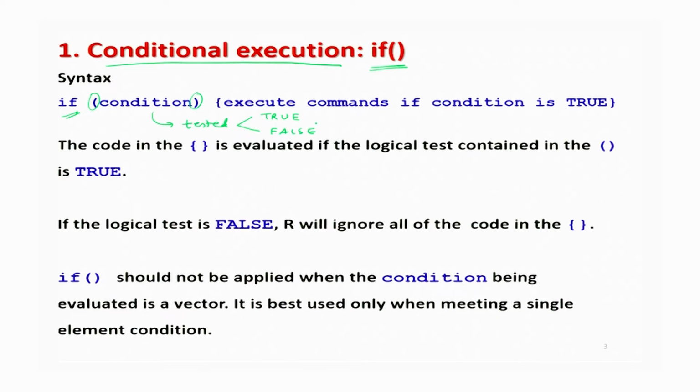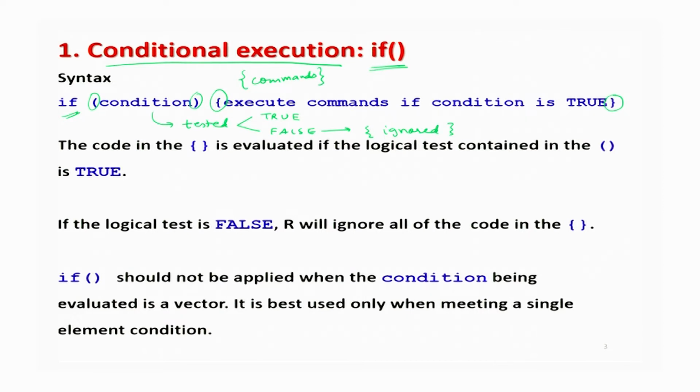In case the condition is true, then whatever commands we want to execute we have to write inside the curly bracket. Here I will write all the commands which are going to be executed when the condition is true. And in case the condition is false, then whatever is written inside this curly bracket is ignored. This is how the if condition works in the R software.